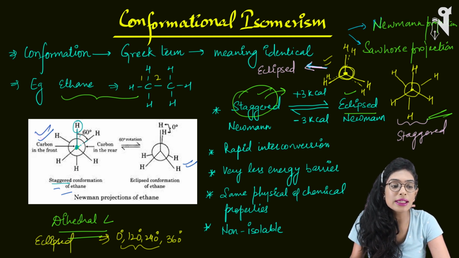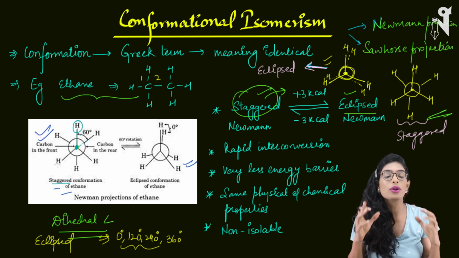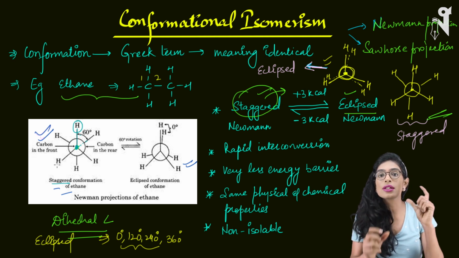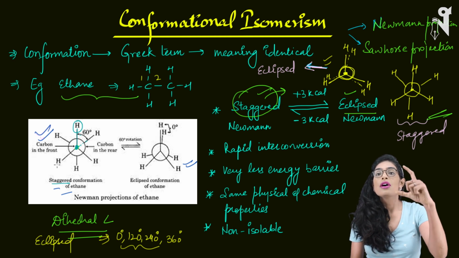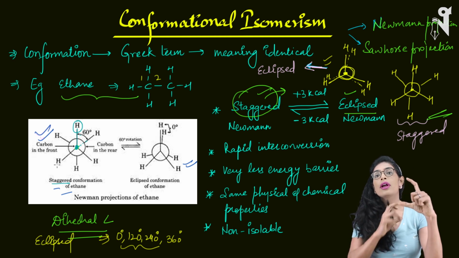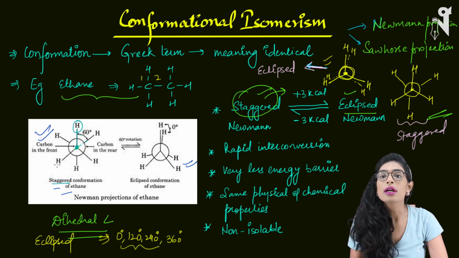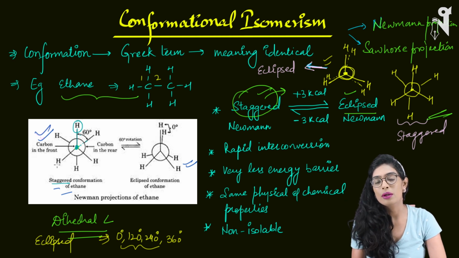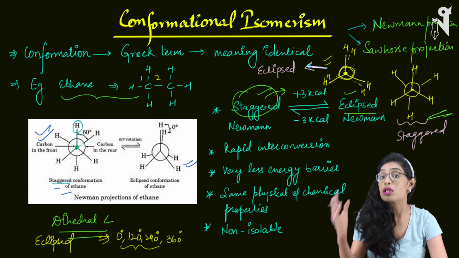Whereas at 60 degree or 180 degree or 300 degree, the structure which you'll get will be a staggered conformation. So basically when I say 0 degree, 60 degree, this is a dihedral angle, that is the angle between the front carbon hydrogen bond and the rear carbon hydrogen bond, and that angle is changing because through the sigma bond the carbon can rotate. Due to that rotation these angles are changing and hence forming infinite possibilities.